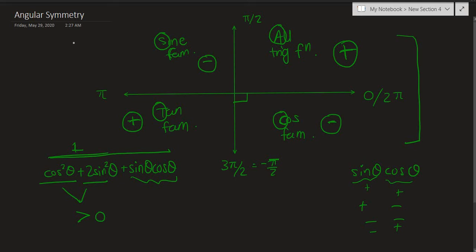We are going to accumulate the same change over here, because the only thing that is making this function change, in terms of negative and positive signs, is this sine theta cosine theta part. So in this negative region you're going to have the same function but with a negative sign, and over the positive region you're going to have the same function but with a positive sign.